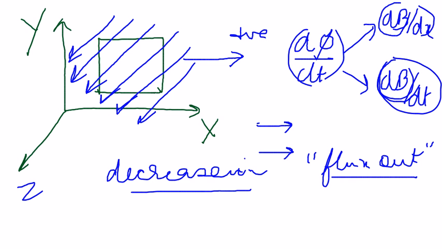So there has to be an increase in flux out to counter this decrease in flux out. So there has to be a north polarity induced in the coil, as a result of which the current should be in the anti-clockwise direction.